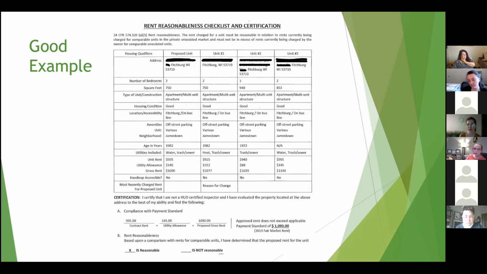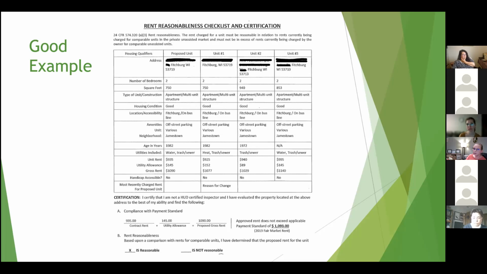So that's really dependent on the location. You're going to know honestly more than me how much the rents change. What you don't want to happen is, if the rents are comparable in the different areas, then that's fine. But if your proposed unit is in a lower income area and your comparable units are all in higher income areas, then it's not going to be super comparable.